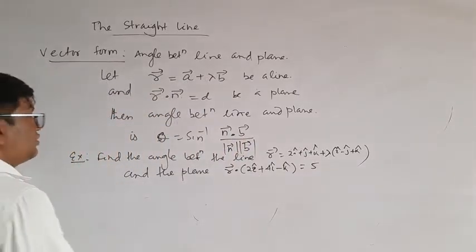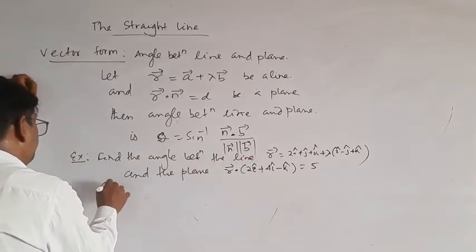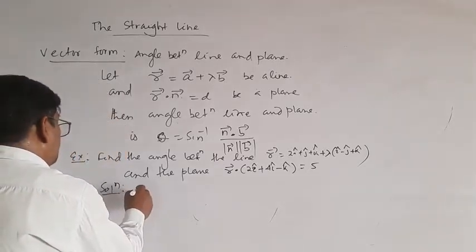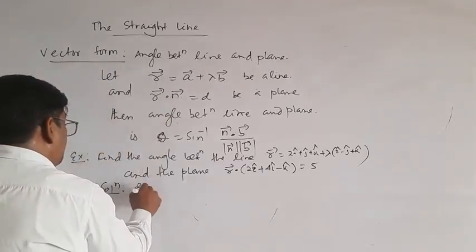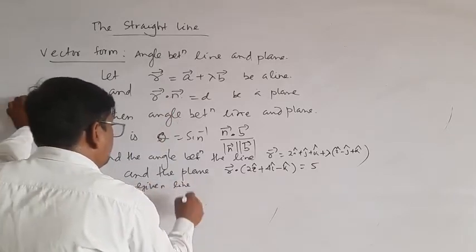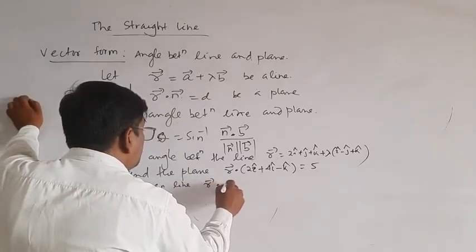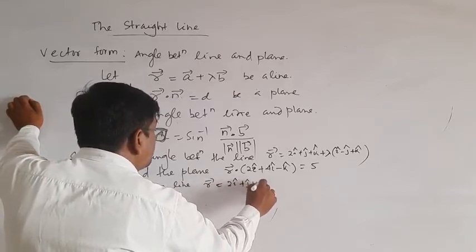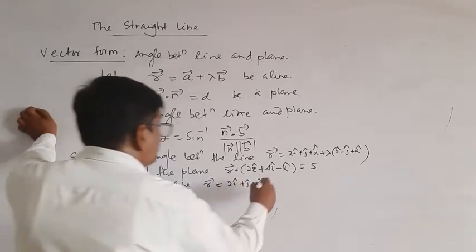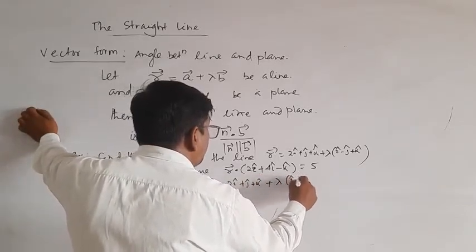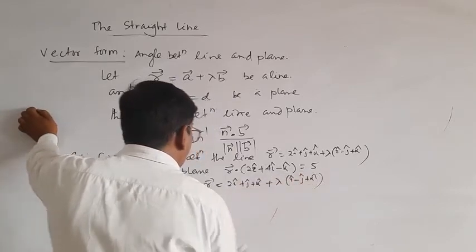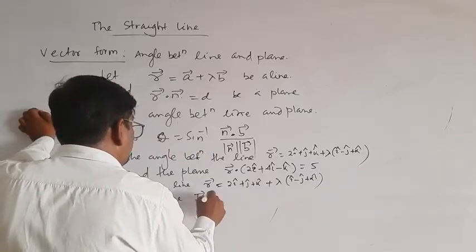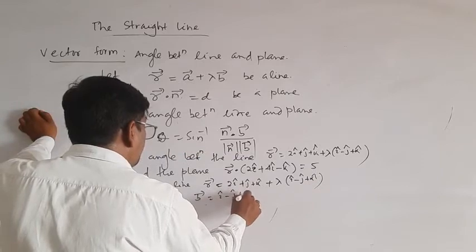Here, solution. Given line r vector is equal to 2i plus j plus k plus lambda (i cap minus j cap plus k cap). Here the b vector is equal to i cap minus j cap plus k cap.